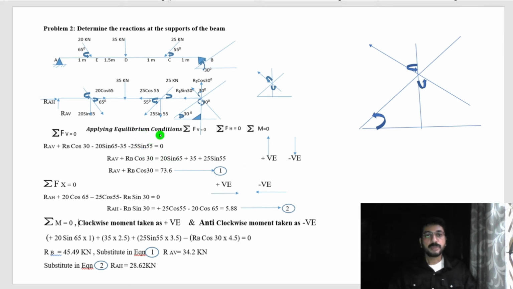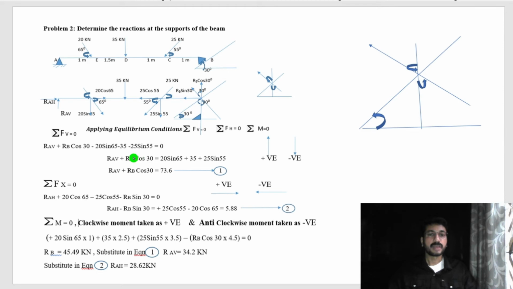Then apply the equilibrium conditions: sigma Fy equal to 0, sigma Fh equal to 0, and the moment about point A equal to 0. When the net force acting along the y direction, Fy, is equal to 0, we know that RAV and RB cos 30, which act in the upward direction, are taken as positive, and the other forces 20 sin 65, 35 Newton and 25 sin 55, which act in the downward direction, are taken as negative.